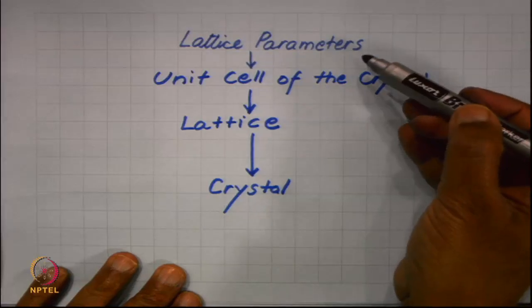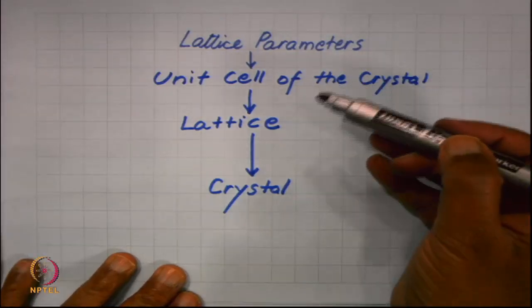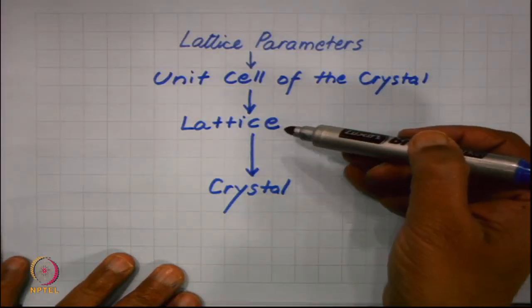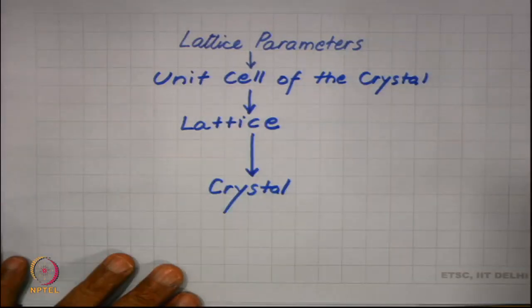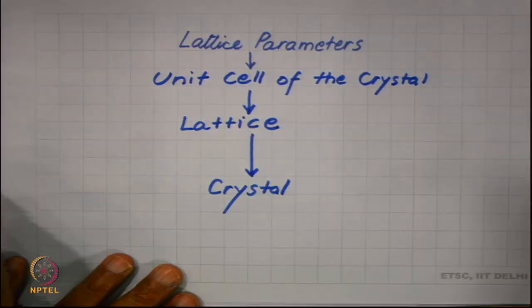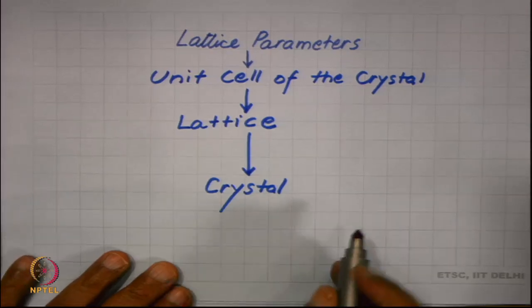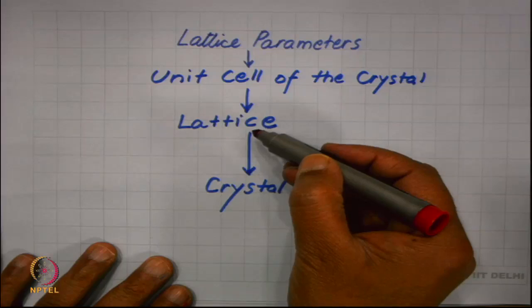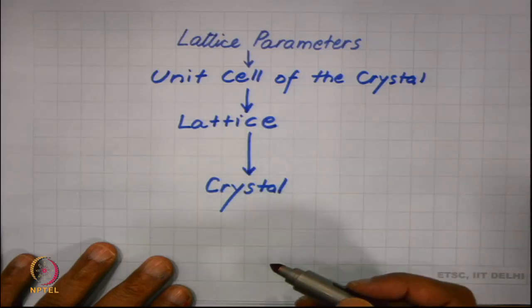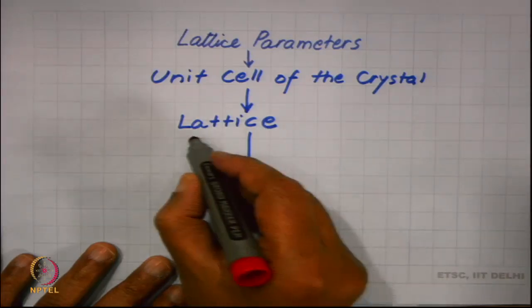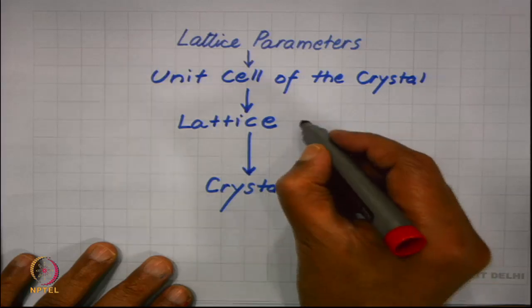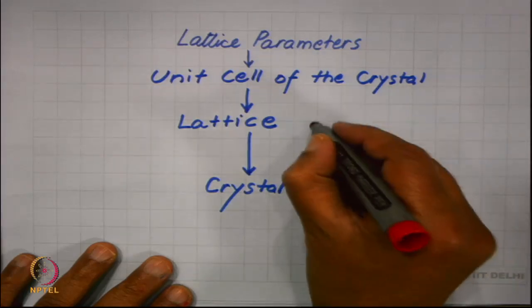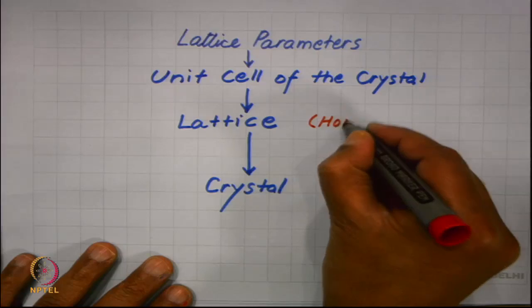Lattice parameters give me the unit cell, give me the lattice, but if you have been following this video till now, you will be worrying about going from lattice to crystal, because we have said the lattice only gives me how to repeat.